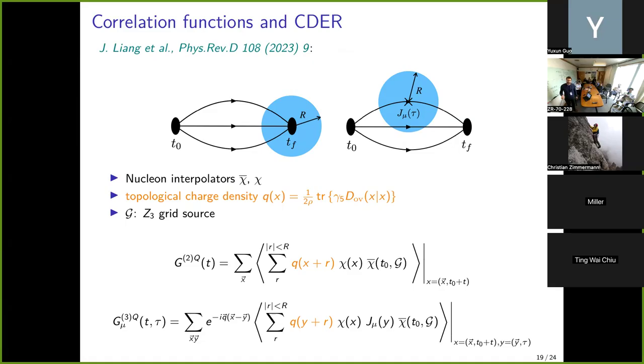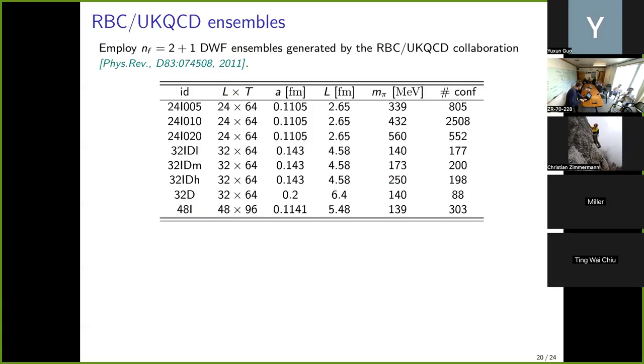Here you have the connected three-point contraction, and this would be a two-point contraction. Once the signal saturates, we have this sum over all the space-time points at the sink, and also for the current, and also for the topological charge. If the distances are large enough so that the signal saturates but only the error increases, we just cut the sum there. This is basically the entire idea of CDER.